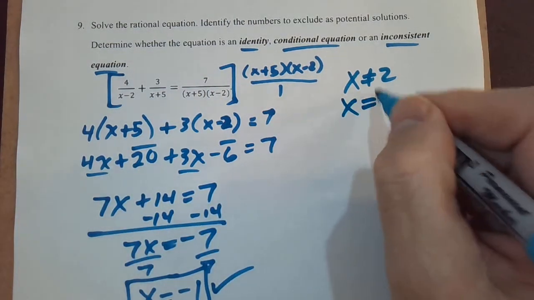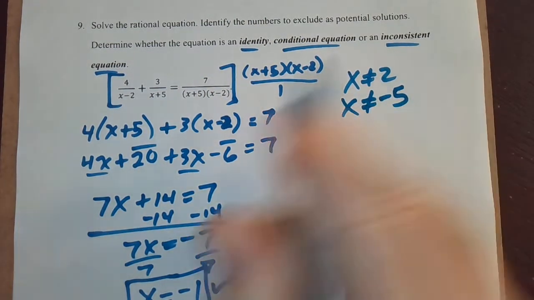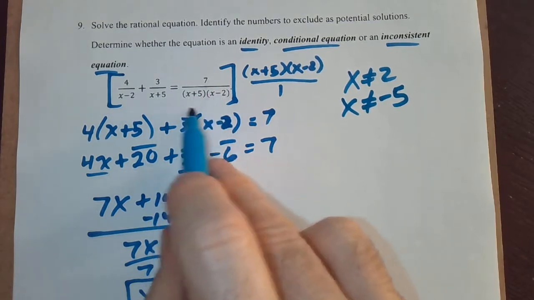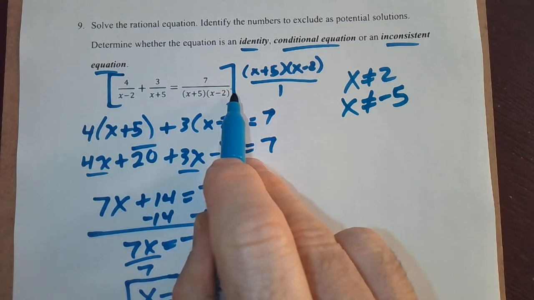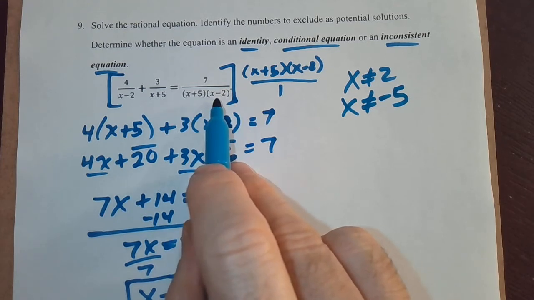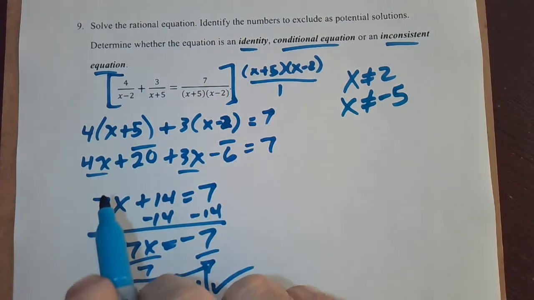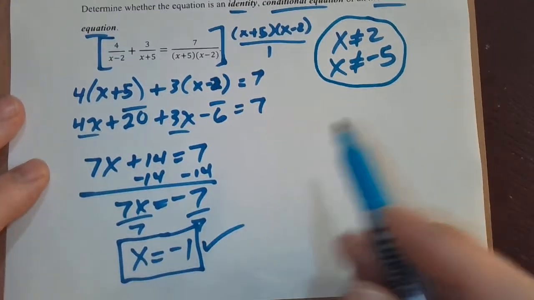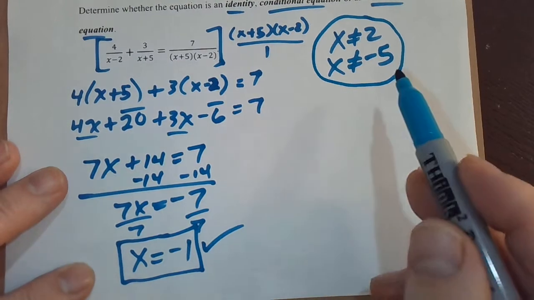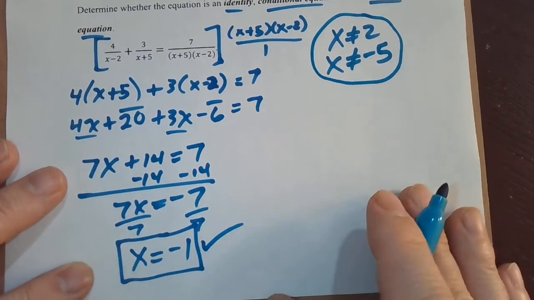And on this, we have the same restrictions. x can't be negative 5 because it would make the entire denominator 0. x can't be 2, it would make the entire denominator 0. So these were our restrictions, which we didn't have to use because our solution was not one of those numbers.